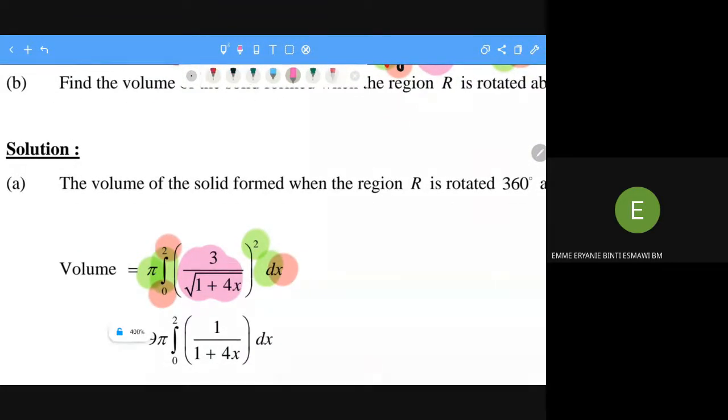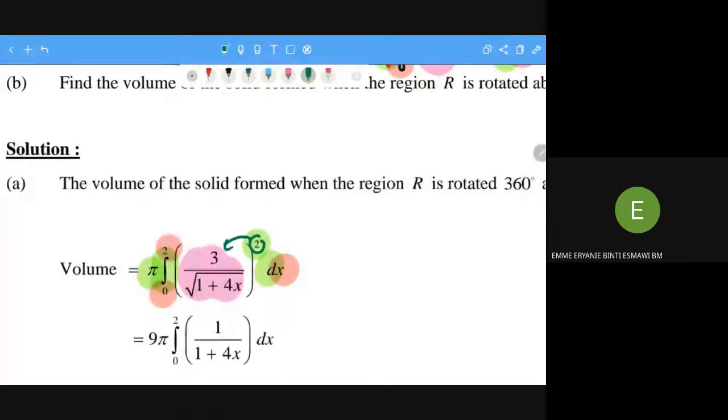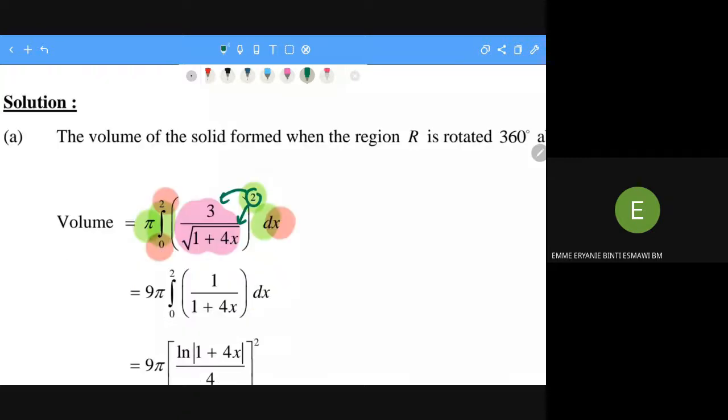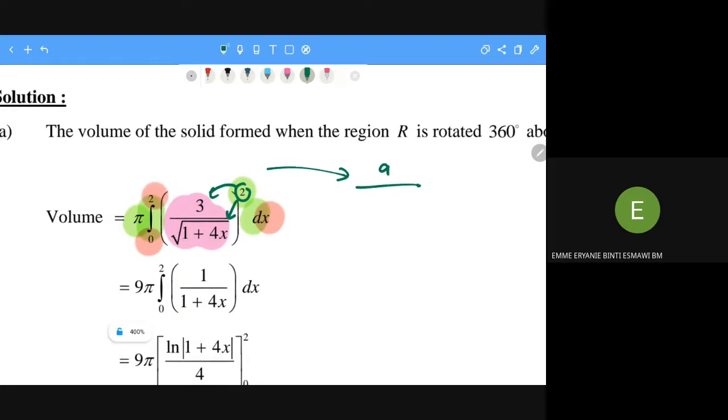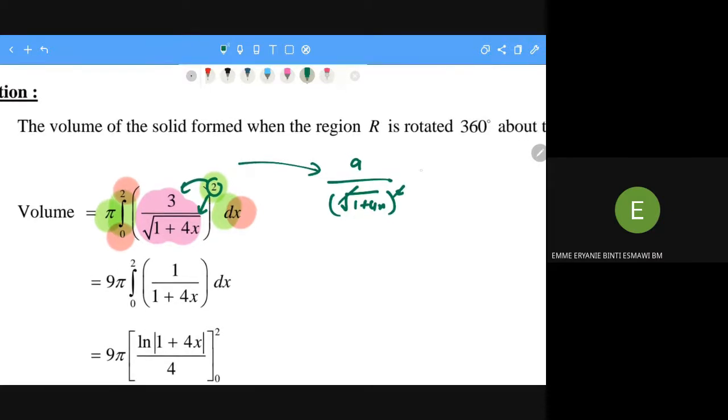Okay, so to expand this, maksudnya each of the terms atas dan bawah ni ada square. So 3 squared is 9. Bawah tu square root will disappear. Okay, berpotong. So dia akan jadi 9 over 1 plus 4x je lah atas tu.